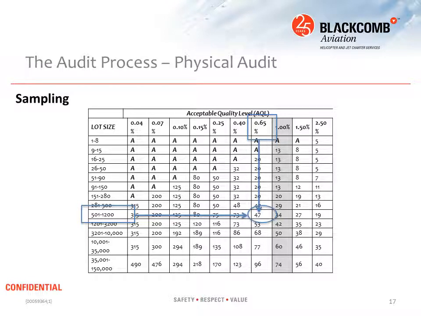In this example, it would be 47. From here, you can use the random number generator on the Industry Canada website to identify the records that you will review as part of your sampling. There are details about how to generate this information in Blackcomb Aviation Quality Assurance Work Instruction number 4 and 5, which are available in the DATS document library.